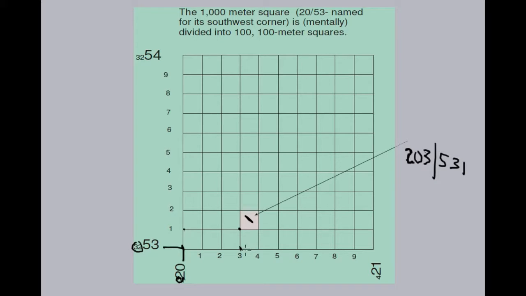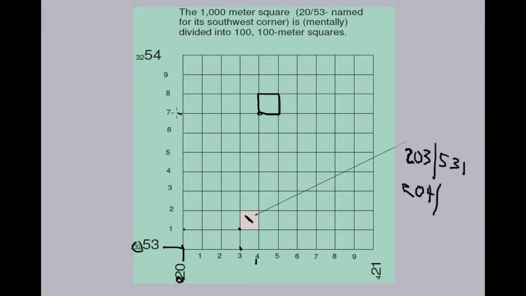So if you had to identify your coordinates, you would say we're at 203 by 531. Let's say that you were up in this square somewhere. Let's identify those coordinates. This point right here is 204 by 537.